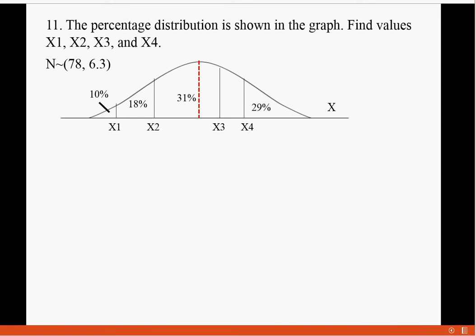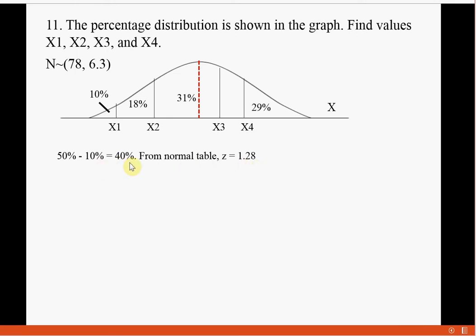So if the corner is 10%, what is the percentage from x1 to the mean? Obviously, you already found the answer. From x1 to the mean is 40%. With this 40%, you already know the answer.